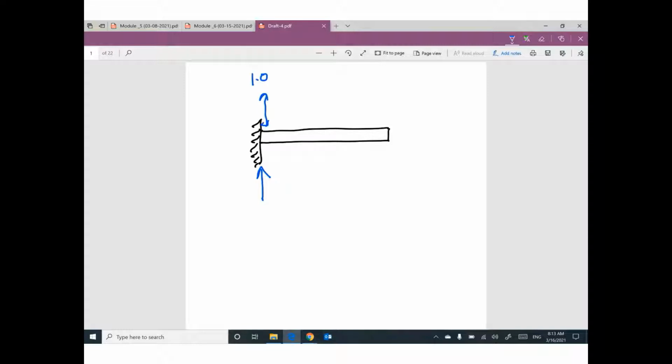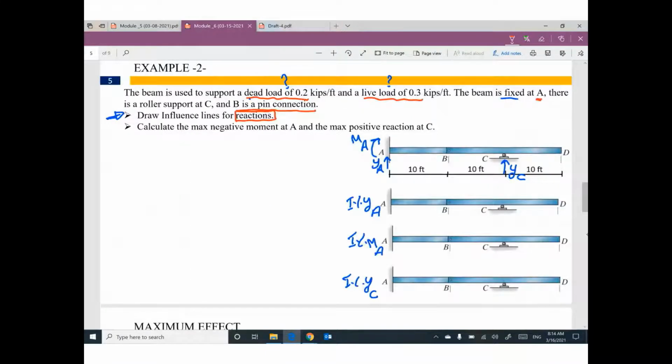I believe if you move a fixed support up by 1, the whole part attached to this fixed will move up by 1. Do you agree? So I will move this support up by 1. This part only, which is attached to this fixed, will move up by 1.